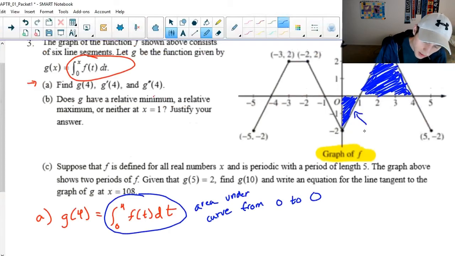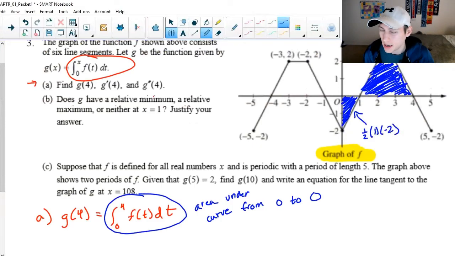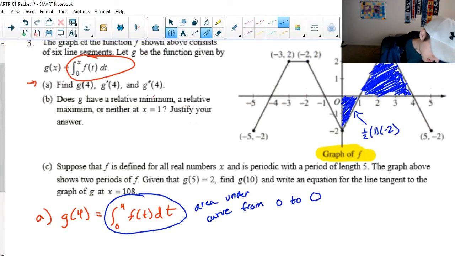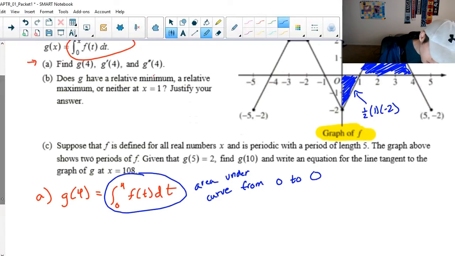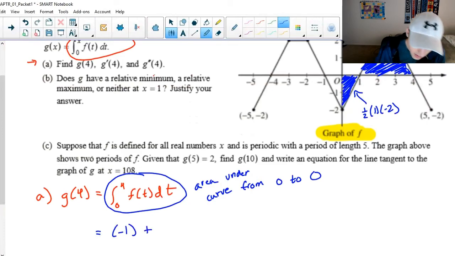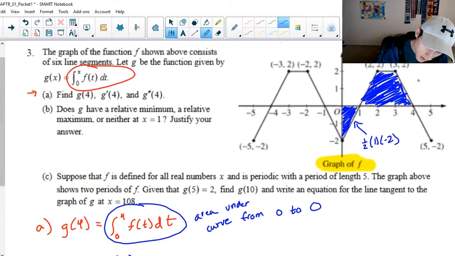So area of a triangle, 1/2 base times height. And I am going to use -2 there because remember the area below the x-axis counts as negative. So the triangle is -1 plus the area of the trapezoid.